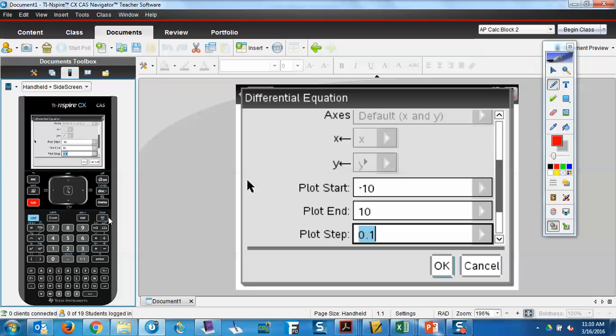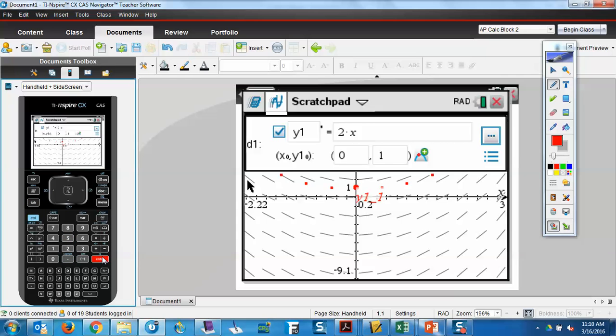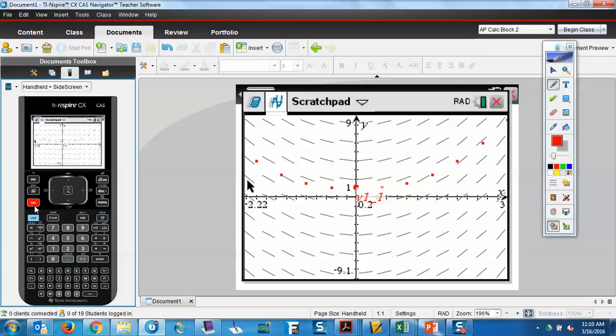That's the only thing we should ever have to change in here, really. I think the -10 to 10 is going to be fine for any graphs that we do. Okay, and let's change that to 0.5. Okay, that's better. A lot fewer dots, right?